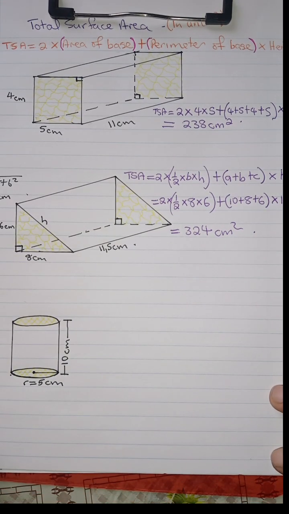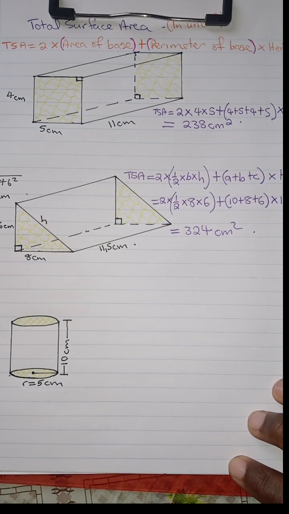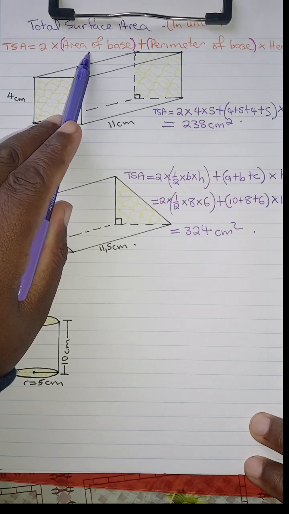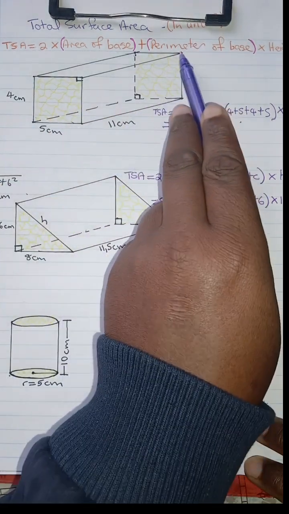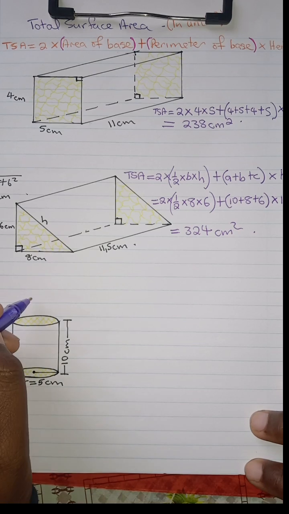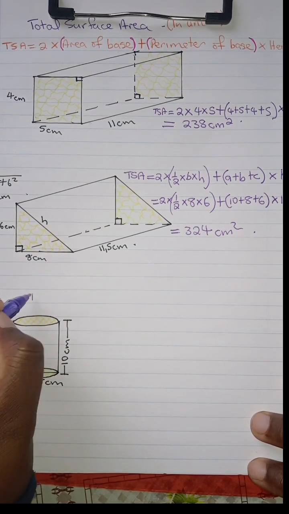And then let's go to the last one. It's a cylinder. The cylinder has a radius of 5 centimeters. We are still using the same formula. Total surface area is equal to 2 multiplied by the area of the base plus perimeter of the base multiplied by height. Now, let me rewrite the formula here.